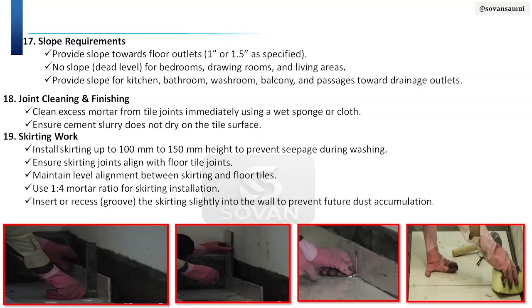And last but not least, insert the skirting slightly into the wall to prevent future dust accumulation. The meaning of this is that the skirting tiles should always be inserted into the wall, because if we install them on the outside of the wall, it makes a groove, and that groove collects dust or dirt in the future. That's why we always recommend inserting the skirting tiles into the wall to avoid future dust accumulation problems.